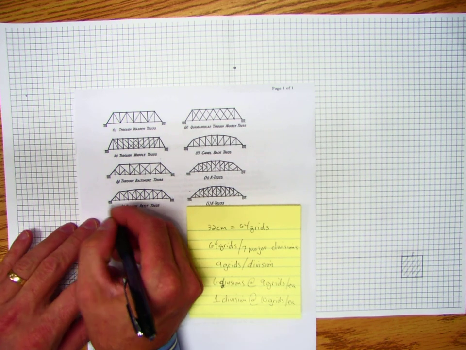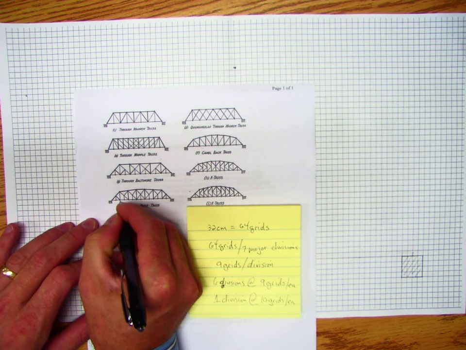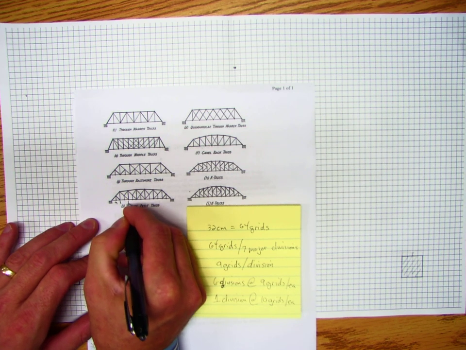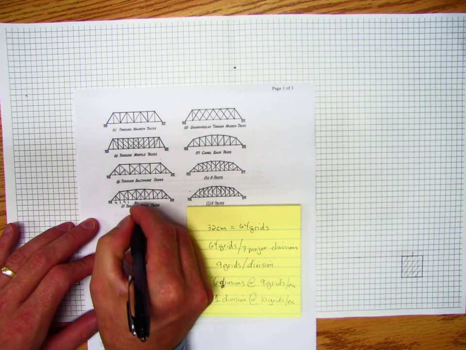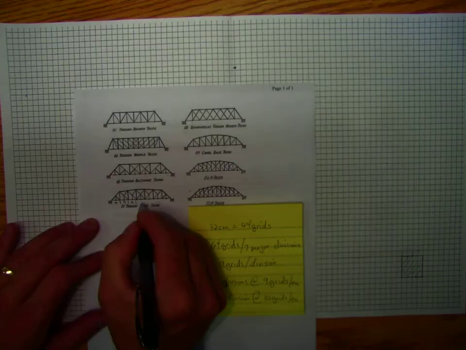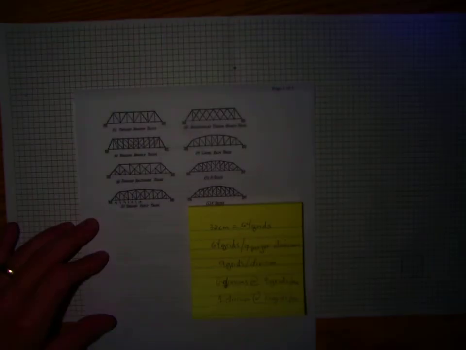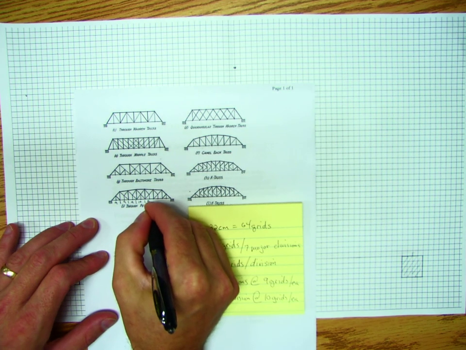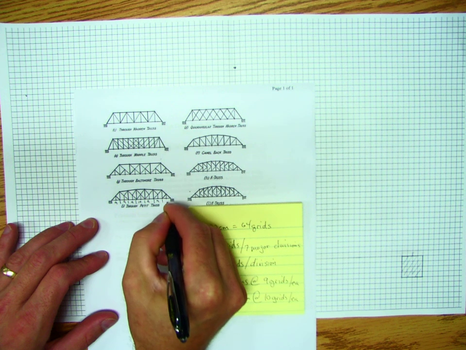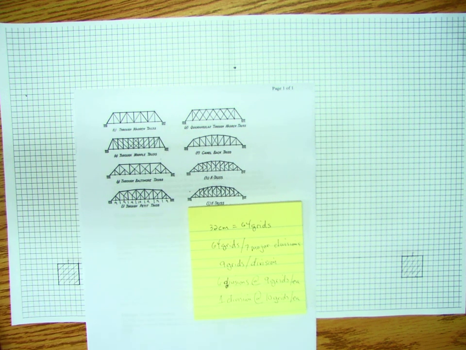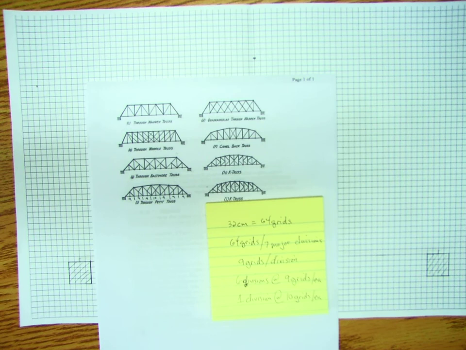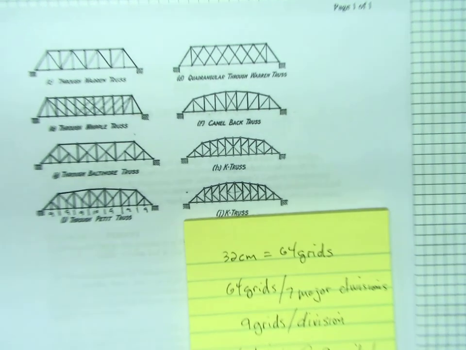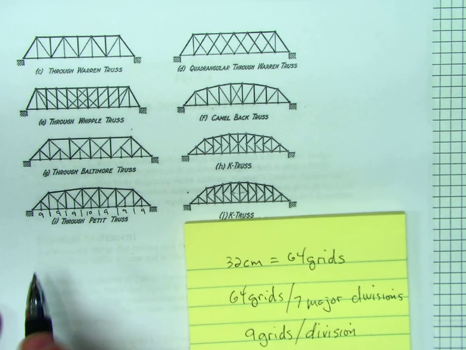So this division from here to here is going to be 9. This one's going to be 9, this one 9, this one's going to be 10, and this one is going to be 9, 9, 9. If I do that, I'll end up knowing how wide my bridge is going to be.